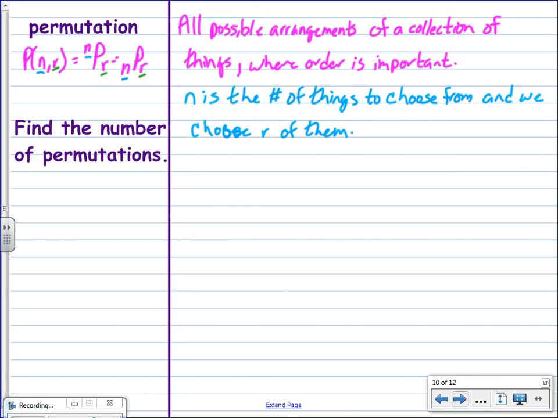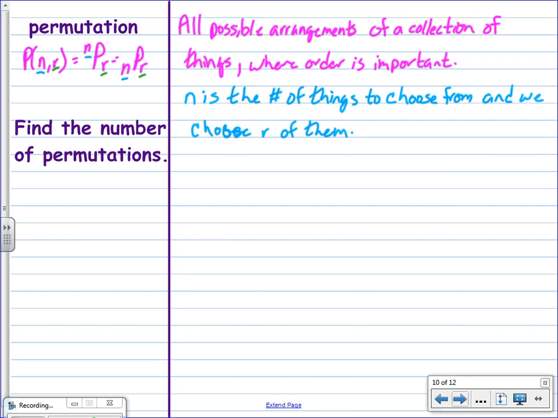Okay. So there's story problems that you can do with this, like if a word has 5 letters and you can choose 3 of them, how many different ways can you choose them?